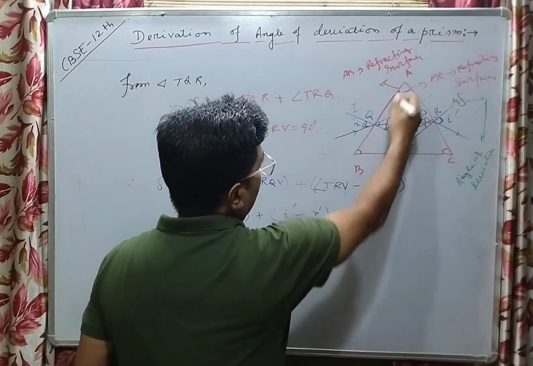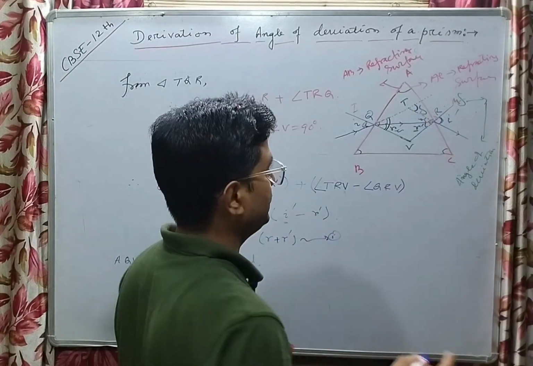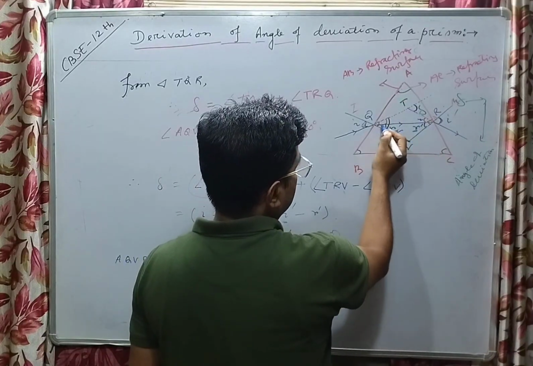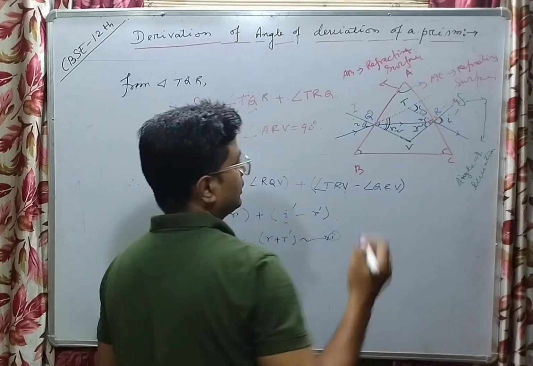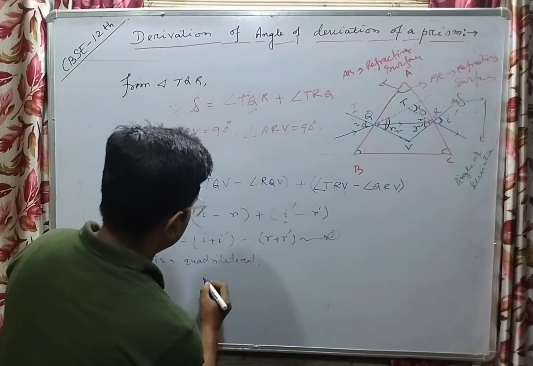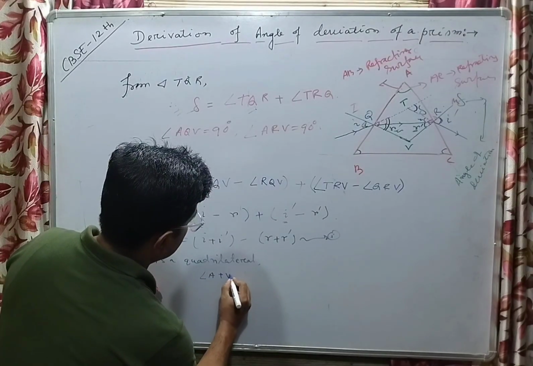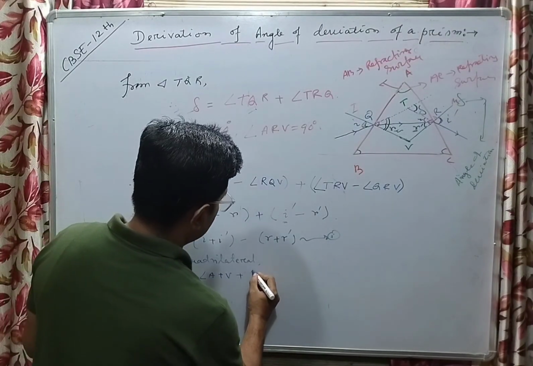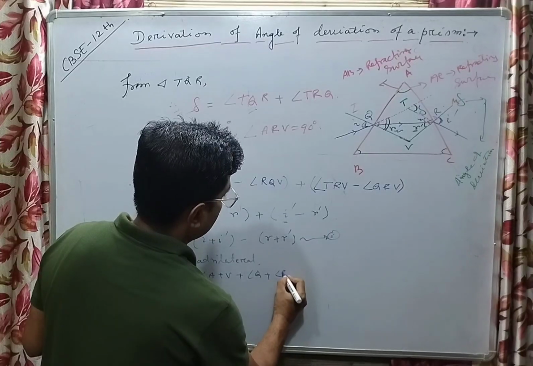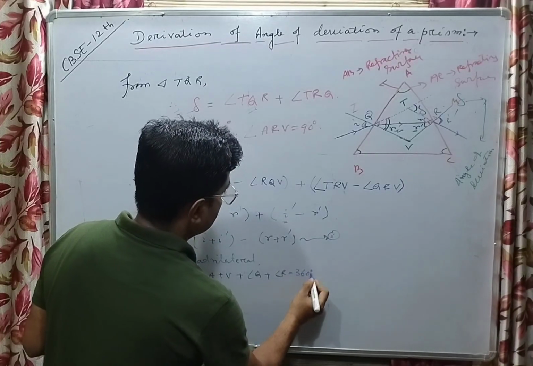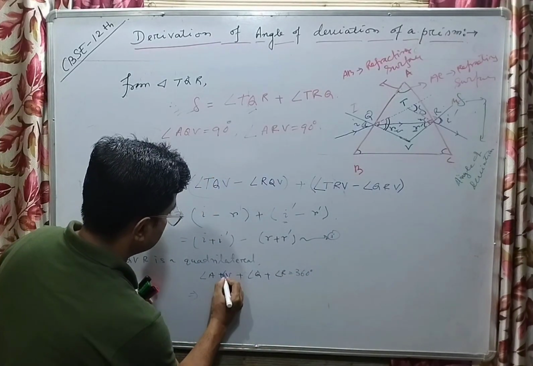From here, the sum of all these four angles will be 360 degrees. Angle A plus angle Q plus angle V plus angle R is equal to 360 degrees.